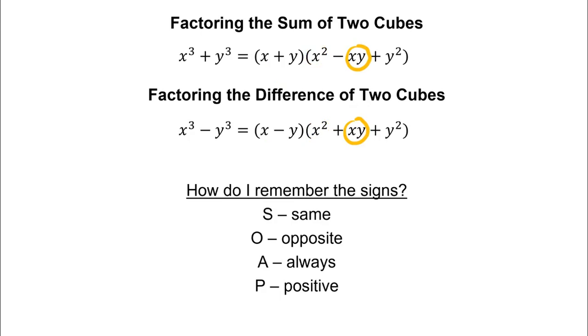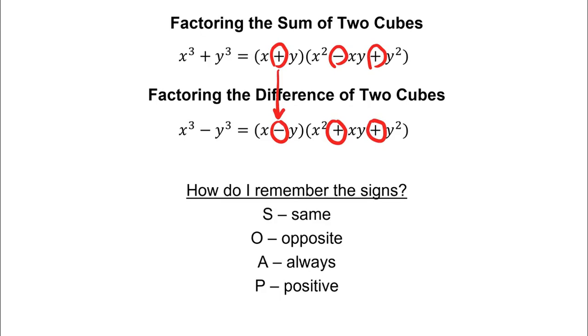The middle term in both of the trinomial factors is xy, and the last term in each of the trinomial factors is y squared. The only thing that's different between the factorization of a sum of two cubes and the difference of two cubes are the signs between the terms in each factor.